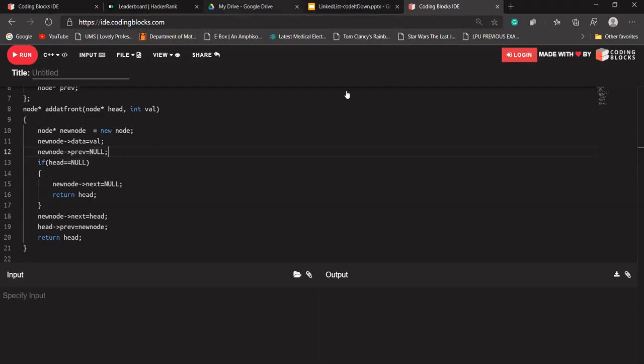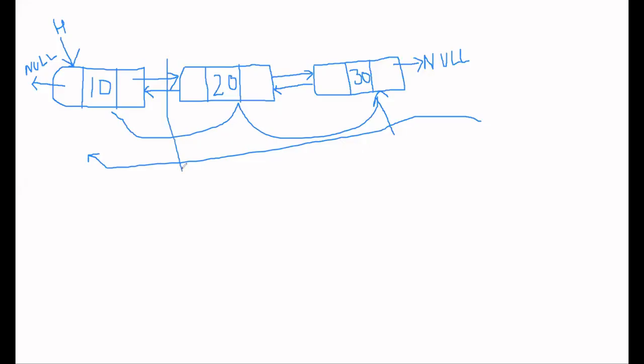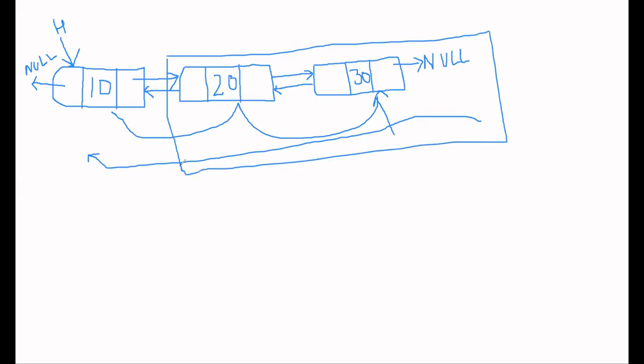We have already discussed this. Let me share my board once again. Suppose this linked list has been given to us, and we are adding a node at the front of it. The first node's previous will always point to a null value, because there will be nothing in front of our first node.